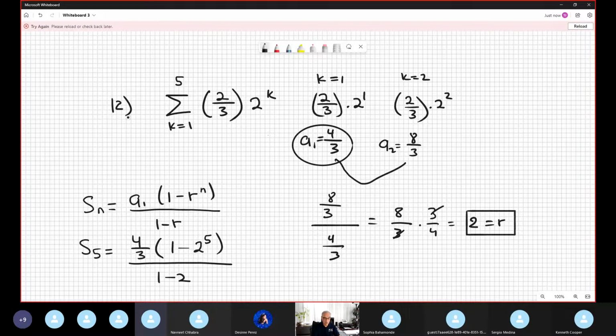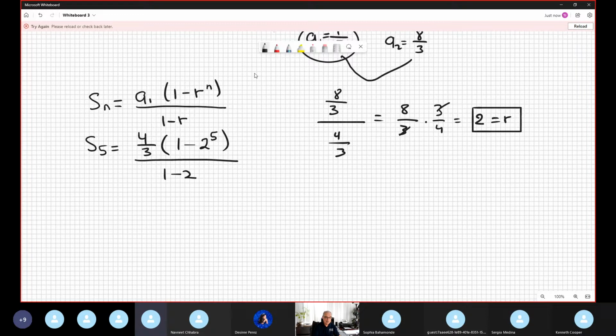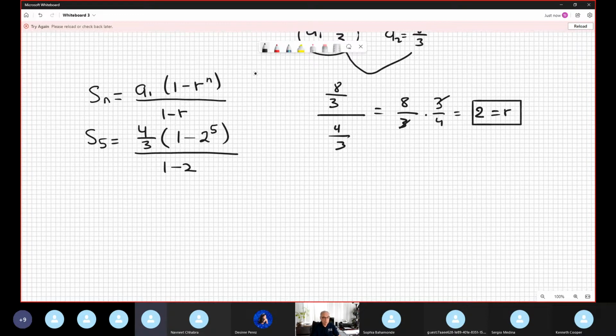Let's do it quickly because it's easy. 1 minus 2 is negative 1. 2 to the 5th power is 32, which is 2 times 2 times 2 times 2 times 2. And 32 minus 1 is 31.